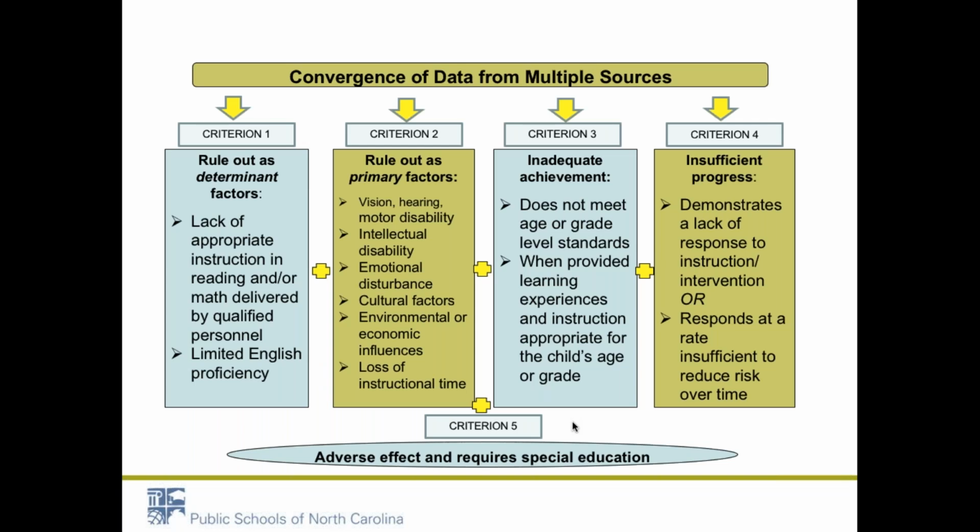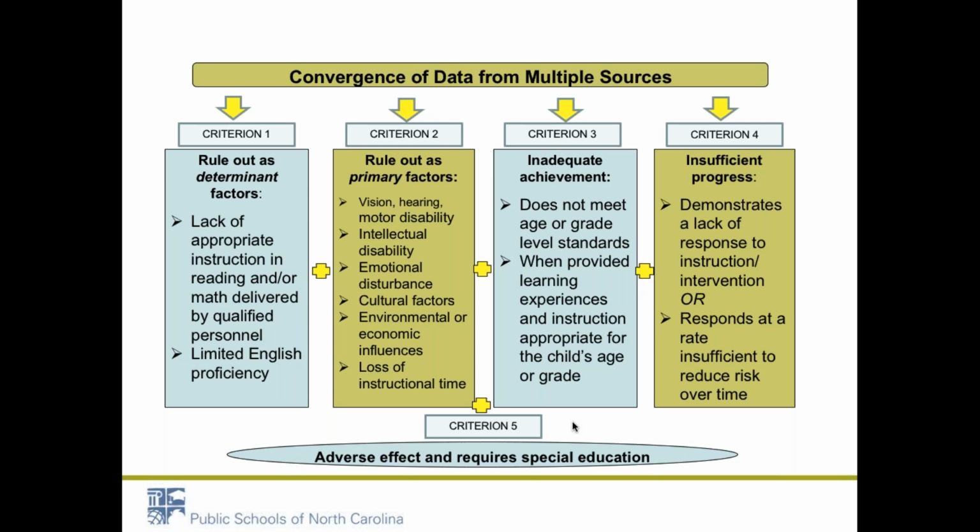We're going to take a moment to just review the criteria that's within the SLD policy. And most of you are probably familiar with this graphic representation of the 5 criterion. And you'll note at the very top, it says a convergence of data from multiple sources.